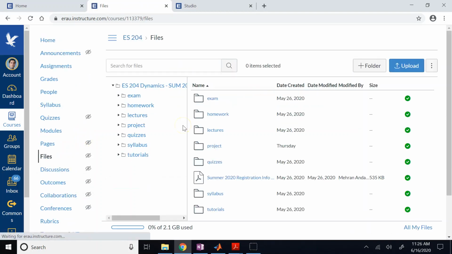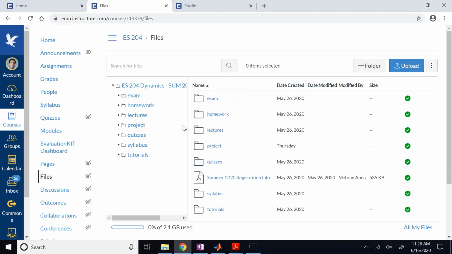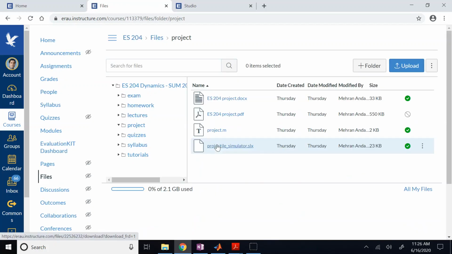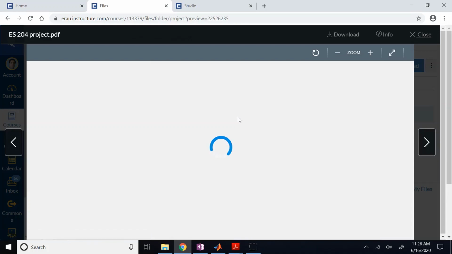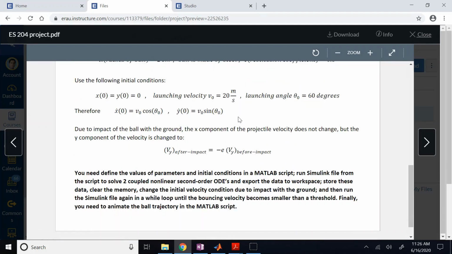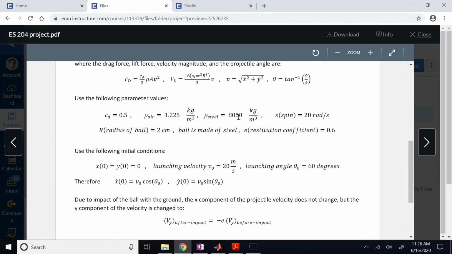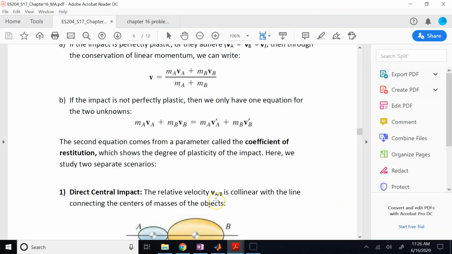If you remember, to model when it hits the ground, which is an impact, in the project, you are given a number, which is here. It says the coefficient of restitution is 0.6. What does that mean? So let's talk about this guy.